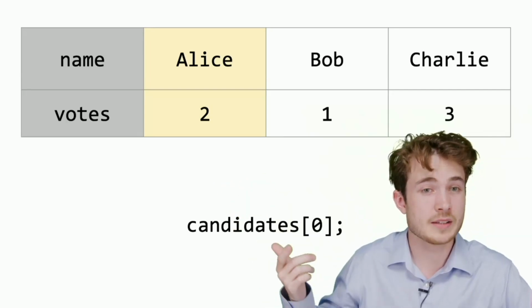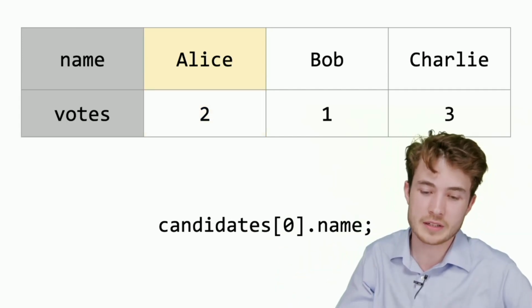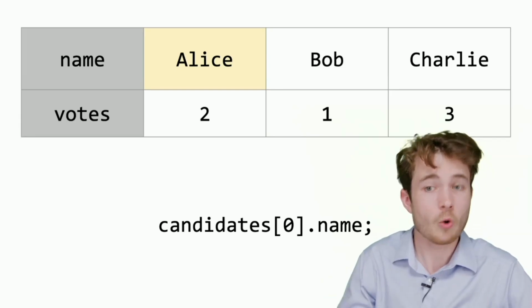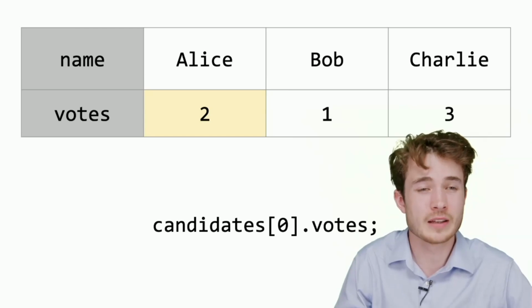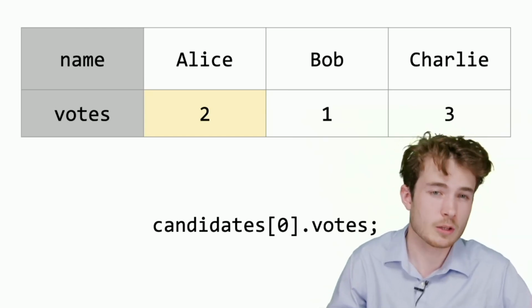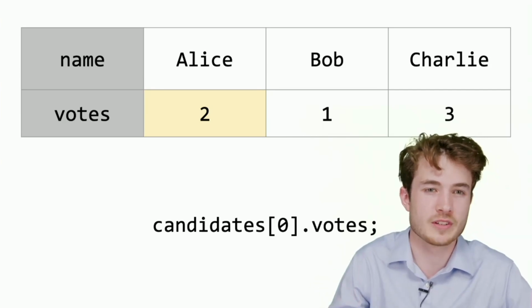But if I wanted to get maybe just the candidate's name, I could say candidates bracket 0 dot name, or similarly candidates bracket 0 dot votes. And that would allow me to get not just the whole candidate at that array location, but the actual attribute I'm interested in here as well.